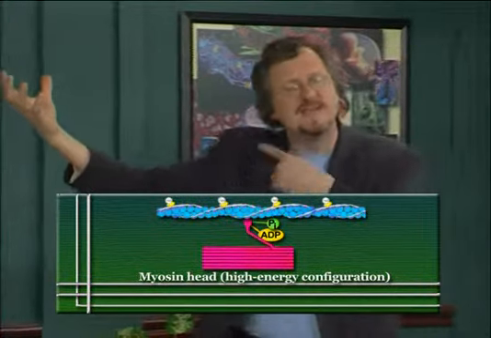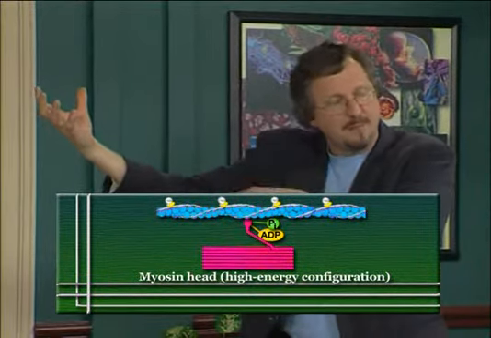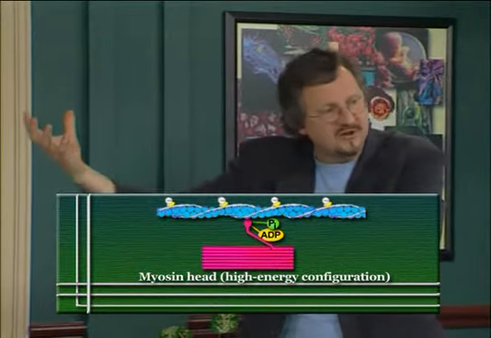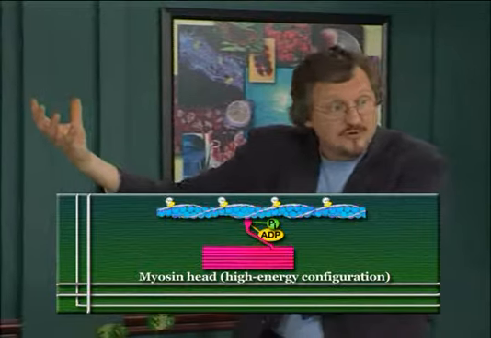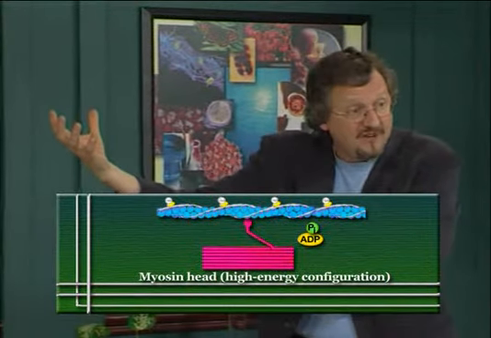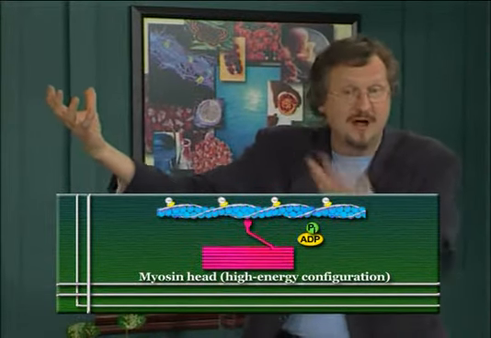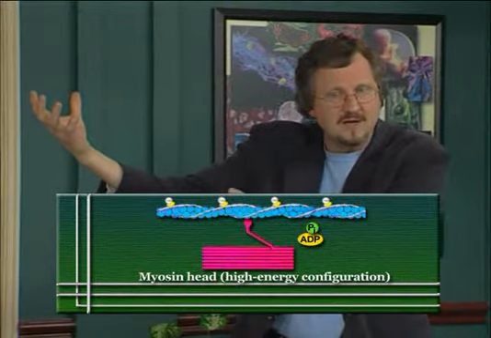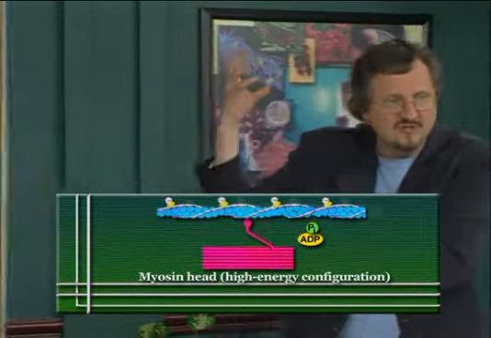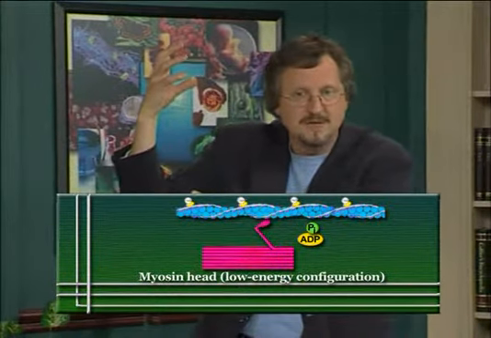The binding of the actin molecule to this myosin itself triggers a configurational change in the myosin head, causing it to lose its phosphorylation. It loses its phosphate and the ADP. They drop off. When it's no longer phosphorylated, the myosin head returns to its low energy configuration. It bends back.